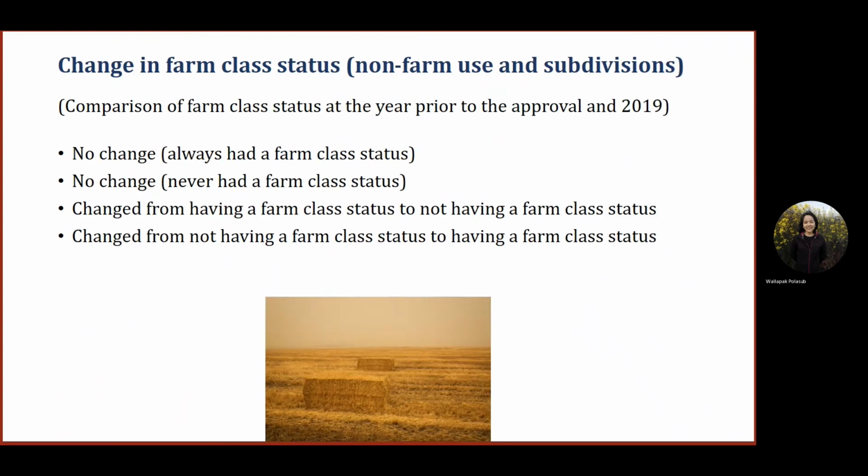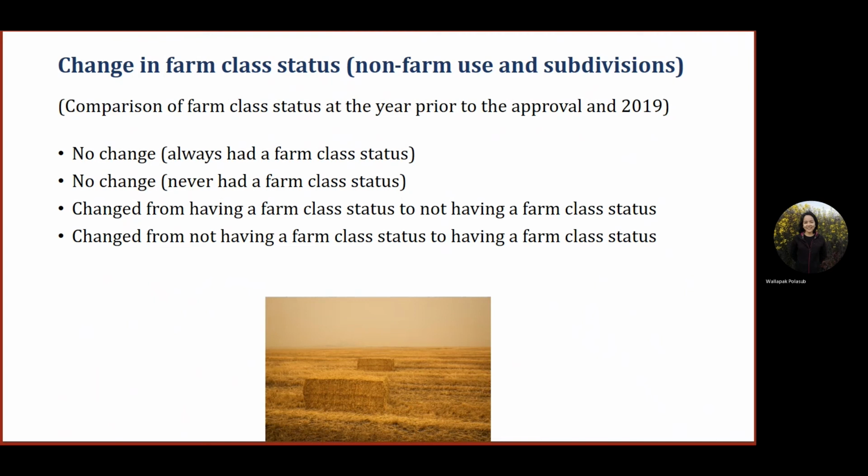Now we are going to look at the change in farm class status. We will compare farm class status at the year prior to the approval of these applications and 2019. We categorize the change into four categories. The first one is no change, always had a farm class status, meaning that prior to the application this particular parcel is farm, and in 2019 it is still farm.